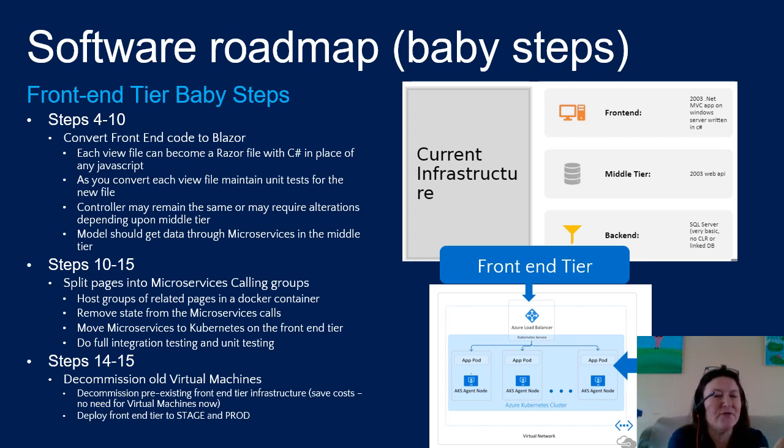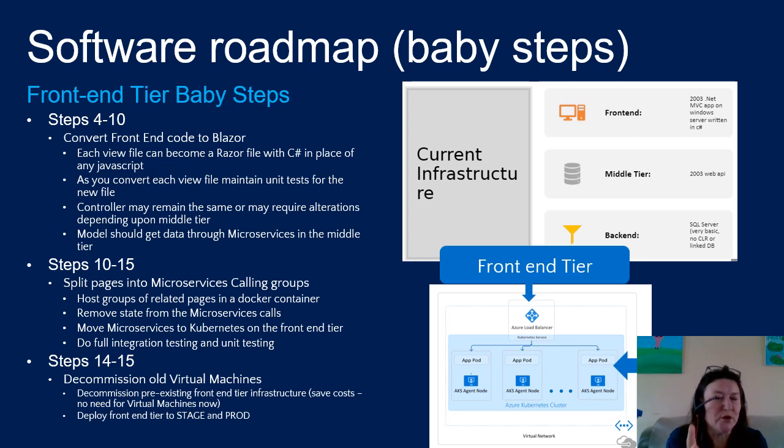And then remember that you want to move to, instead of calling ordinary APIs with ordinary gets, puts, patch, deletes, and so on, you're going to be starting to call these new microservices as microservices are developed in the middle tier.